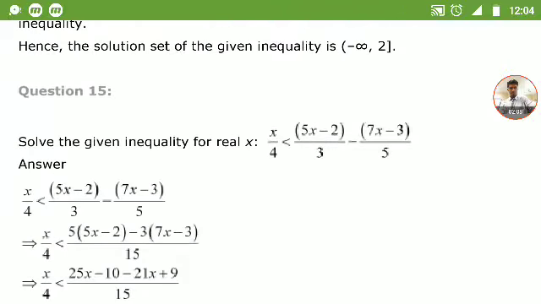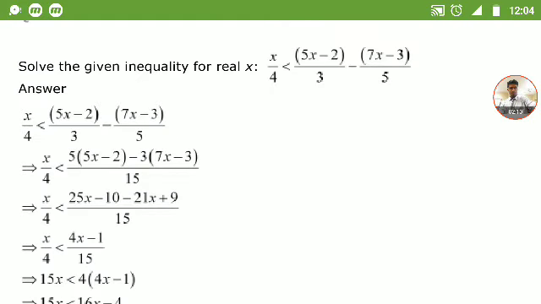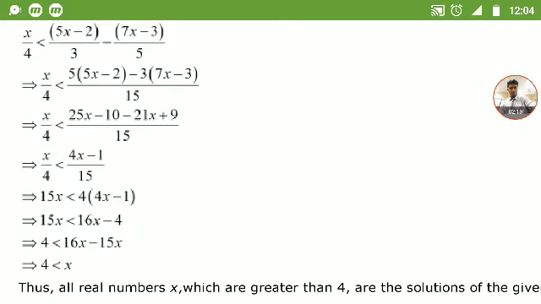Question number 15 now. Take the LCM in RHS and then bring all the RHS terms to LHS, making sure that x is always on LHS for your understanding. Or if you understand 4 is less than x, then it's not a problem.